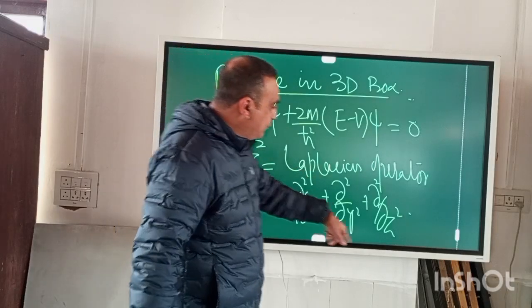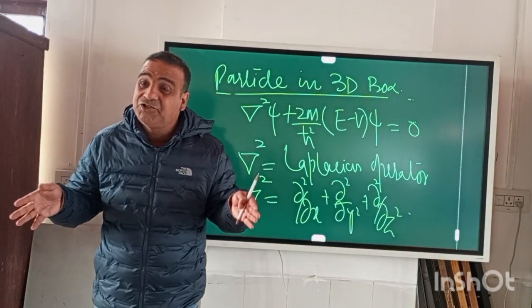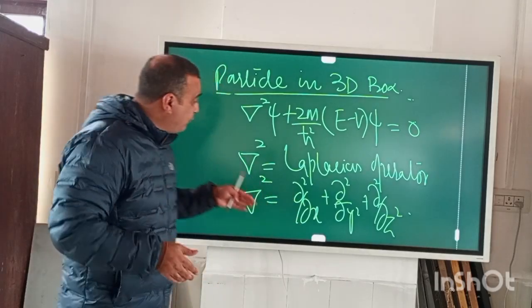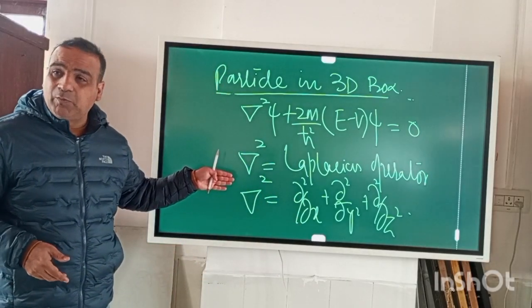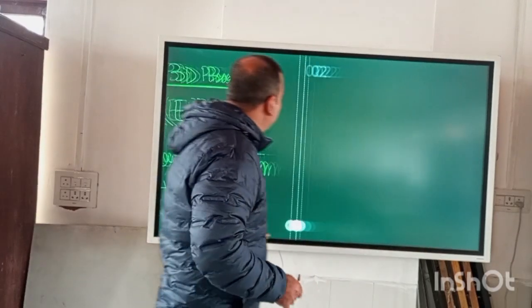So I can write down Schrödinger's equation in 3 dimensions because I am talking about a particle in a 3-dimensional box. It has 3 dimensions. So I would like to write down this Laplacian operator in terms of its partial derivatives. So how would your equation look like?